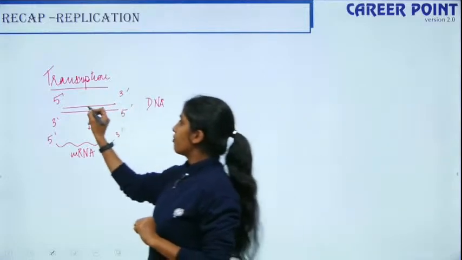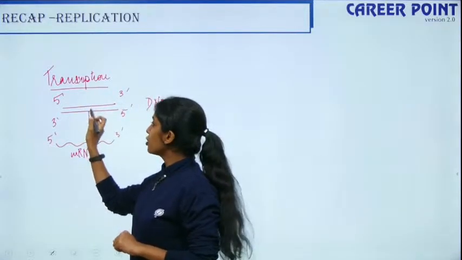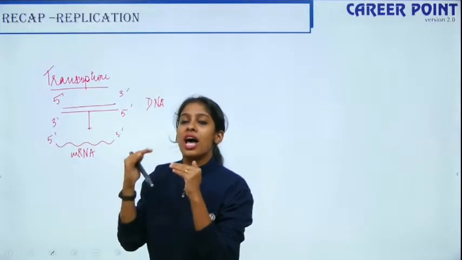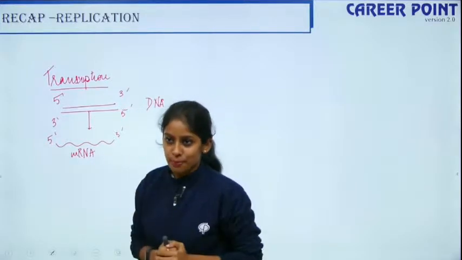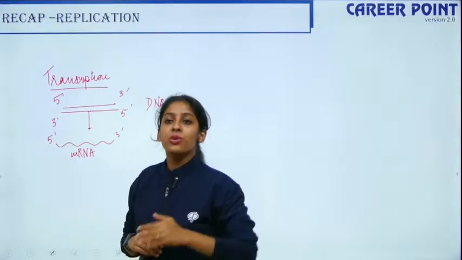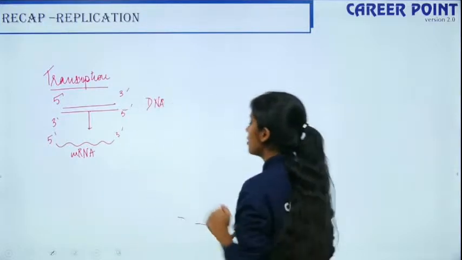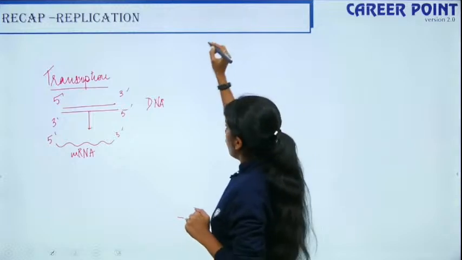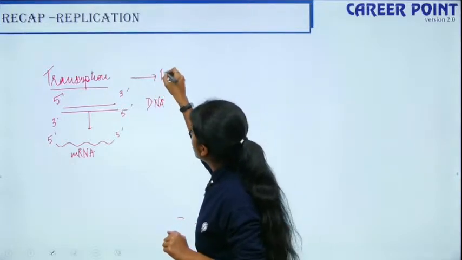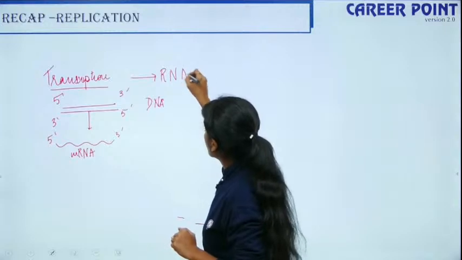So now if you have two strands and information from only one strand is getting copied, which strand is going to be used as a template? That is the next question. So for the process of transcription, you have an important enzyme, that is your RNA polymerase.